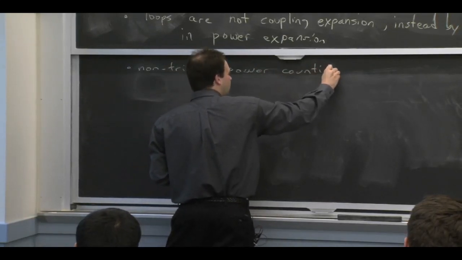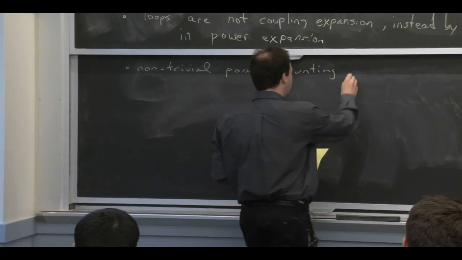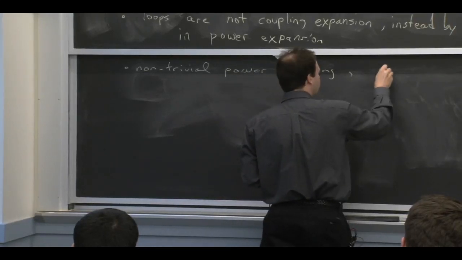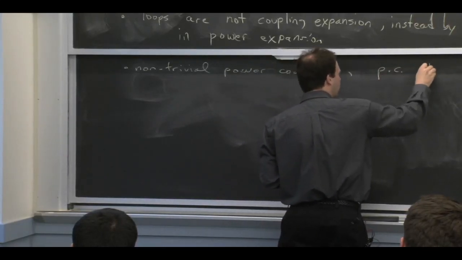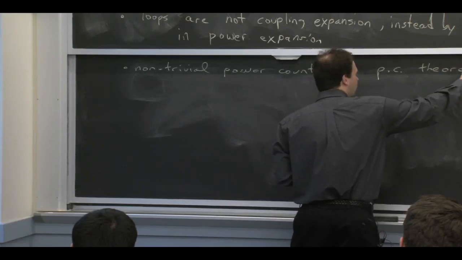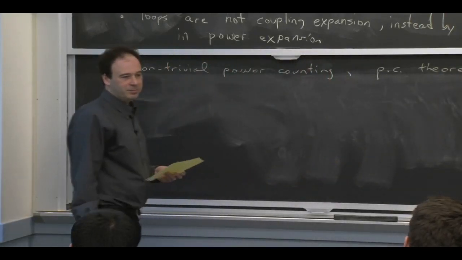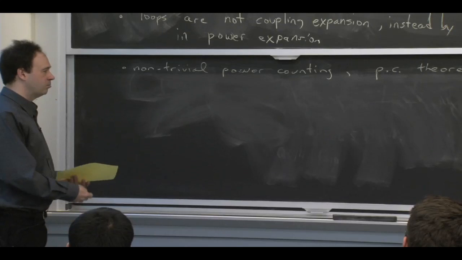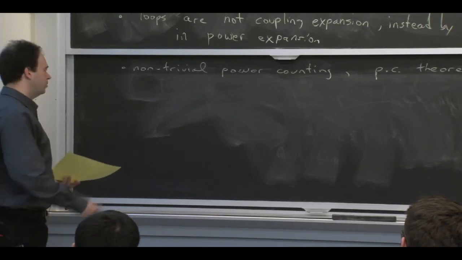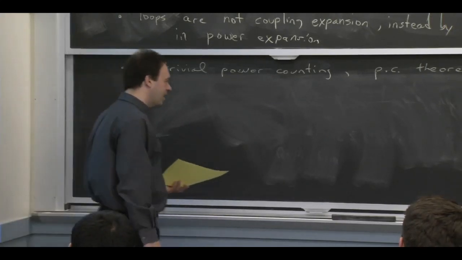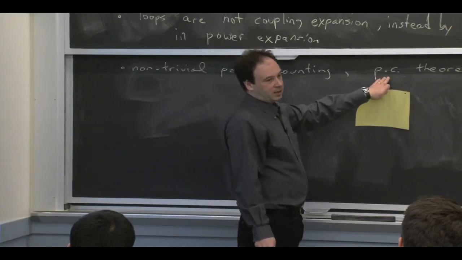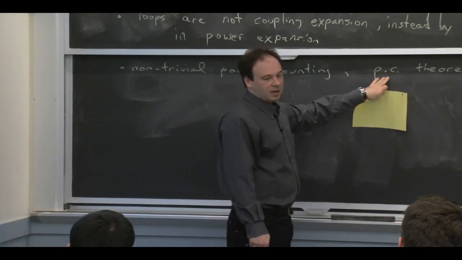So we'd like to give this as an example of non-trivial power counting, and in fact, prove something that's called a power counting theorem. What the power counting theorem means is that ahead of time you should be able to figure out from your effective theory what order various things are. If you draw a diagram, you should know, even before you calculate it, how many powers in the power counting expansion you have.